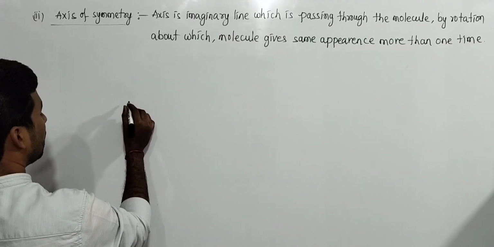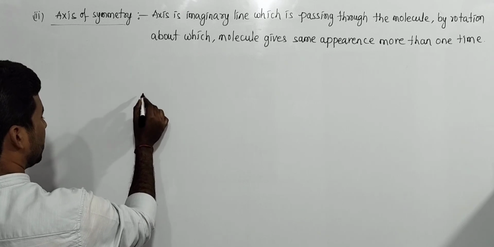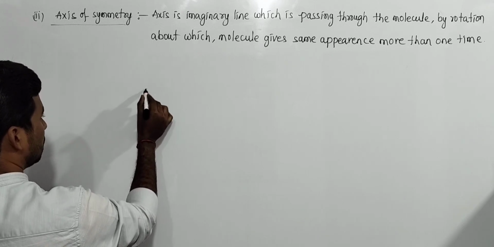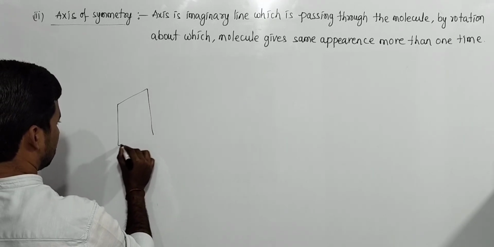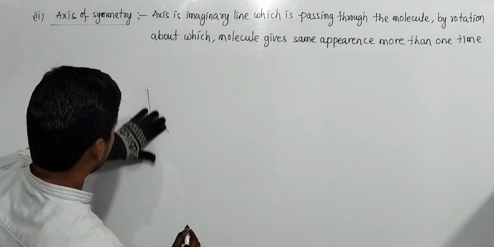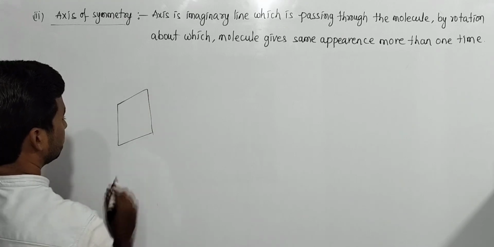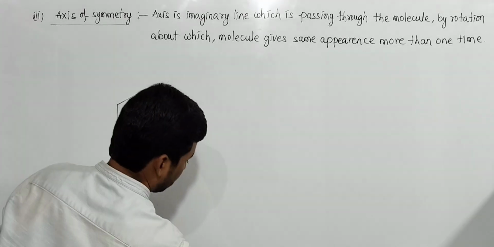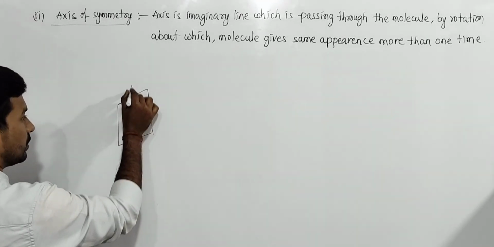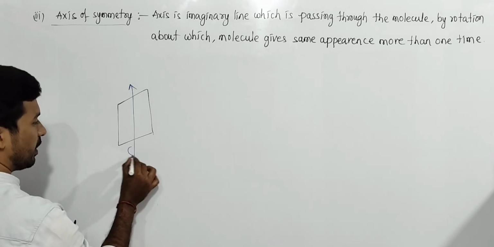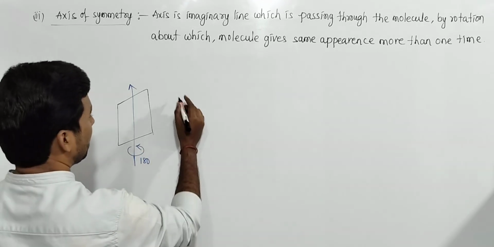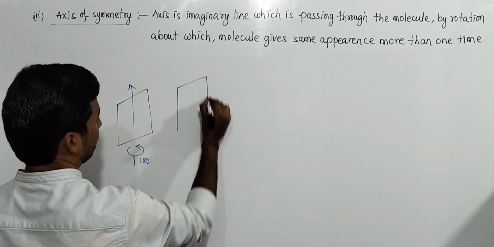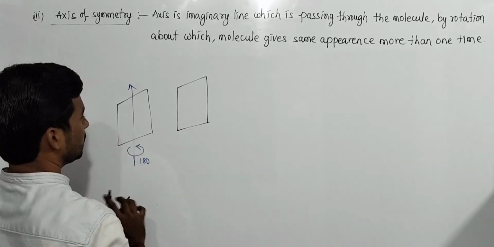For example, if you take one paper or one card, any card, and I pass a line through it, by 180 degrees rotation it will give the same appearance. Again by 180 degrees rotation, same appearance.